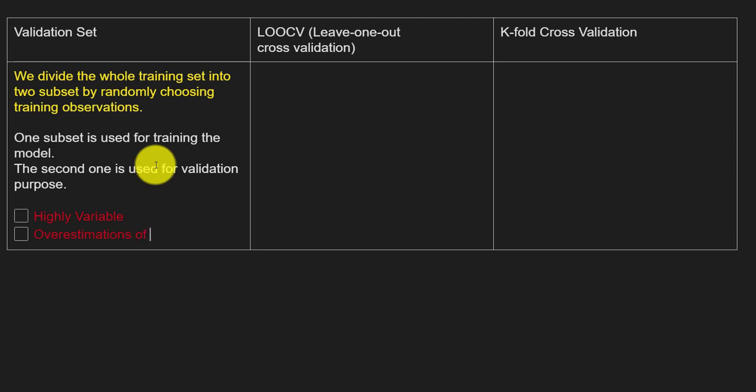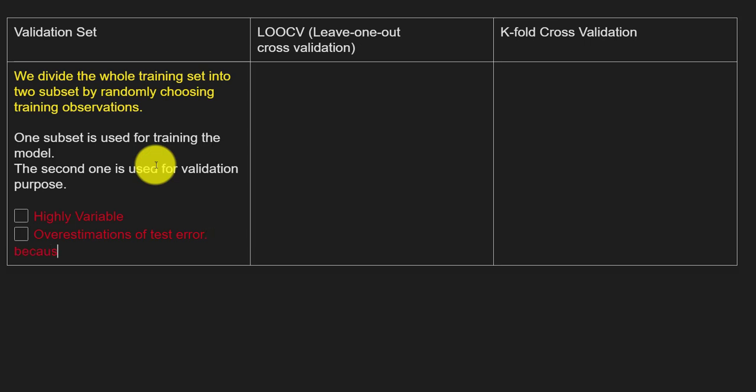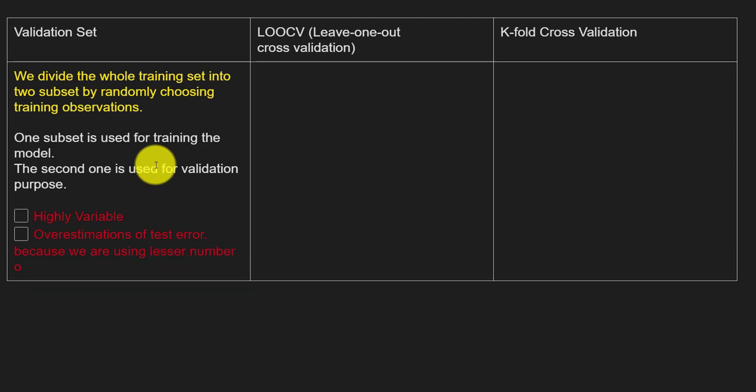This is another drawback, because we are using a lesser number of observations for our training.